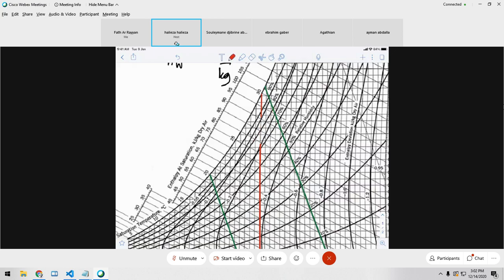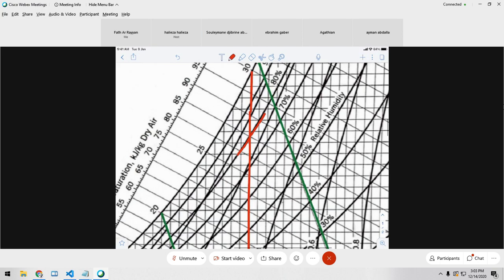I need to do a better job. This is 80, so this is my line. If you zoom in, that's more or less where the intersection is. That's the point of interest for the inlet.